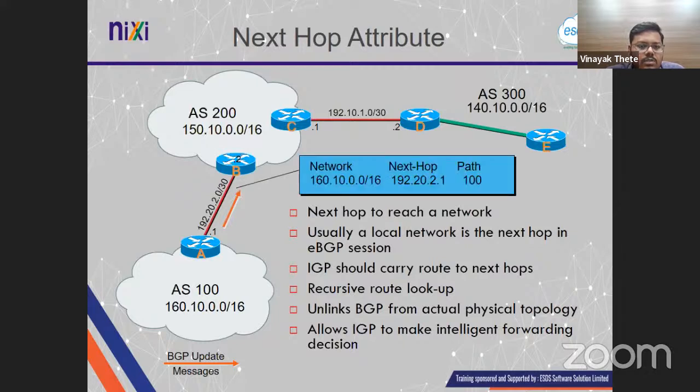So in this way, you can see here, router A has this route 160.10.0.0/16, and .1 is the IP for router A, and .2 is the IP for router B. In this case, 192.20.2.1 is the next hop for this route in B. In router B, the next hop will be .1 for this route, and the path will be the single AS number.